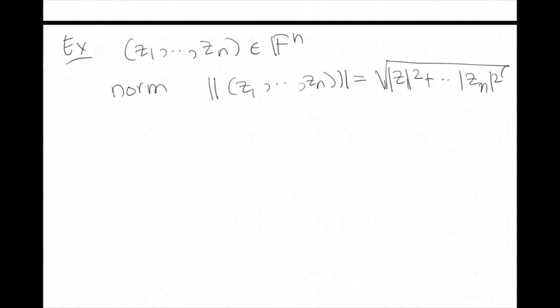Why? Because it's just the inner product using the Euclidean inner product, so z1 with itself gives the absolute value of z1 squared, and so on. Okay, let me pause a little bit.